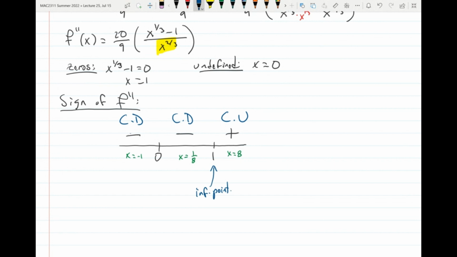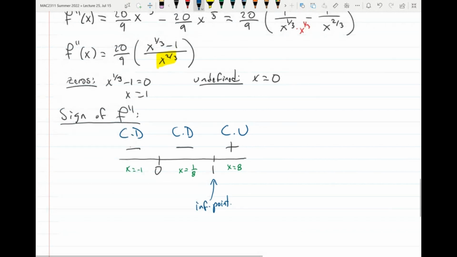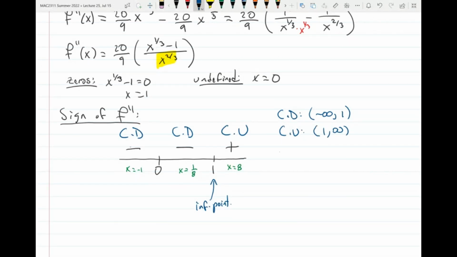Okay, so let's go to our blue box. So for the concavity, we found that the function is concave down on the interval from negative infinity all the way to 1. The function is concave up from 1 to infinity.